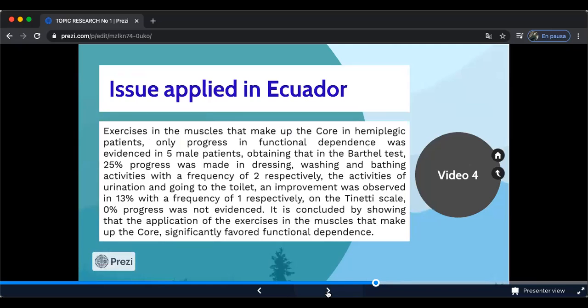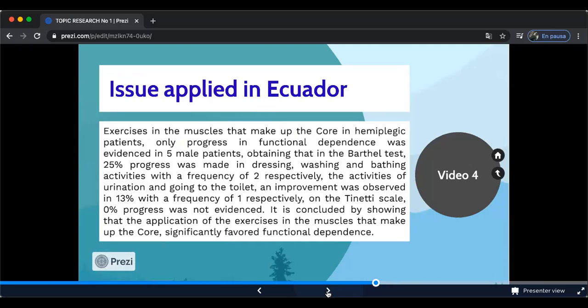The study played in Ecuador applied exercise to the muscles that make up the recovery in epilepsy patients. Progress in functional dependence was evidenced in 5 male patients, obtaining that in the test, 25% progress was made in dressing, washing, and bathing activities with a frequency of 2.